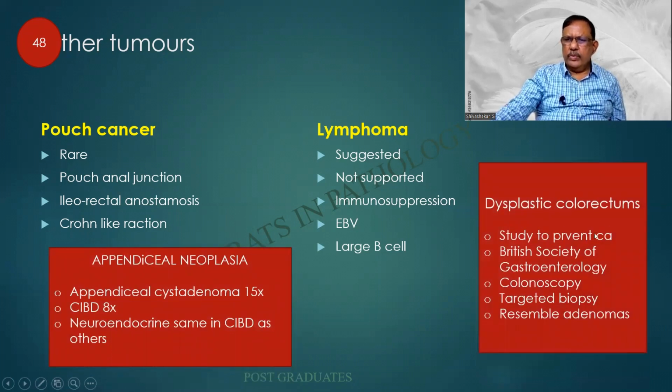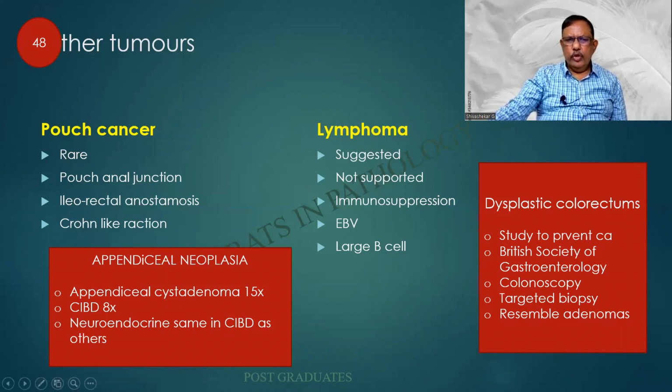Dysplastic colorectum is one. A study has been conducted to prevent the carcinoma. It has been done by the British Society of Gastroenterology, wherein they do a colonoscopy, take a biopsy, localize the site, and then resort to what is called targeted biopsy. And in this condition of dysplasia, you find that it resembles a dysplastic adenoma.